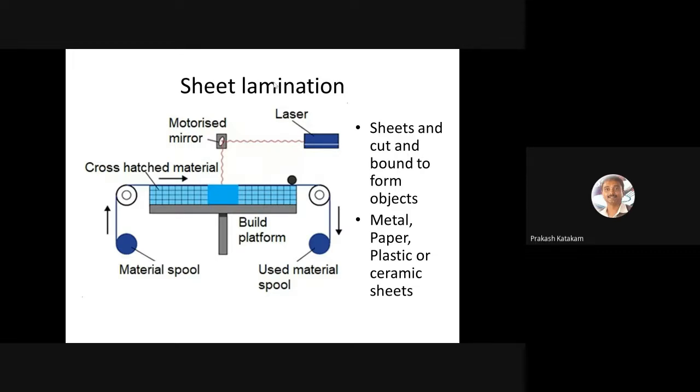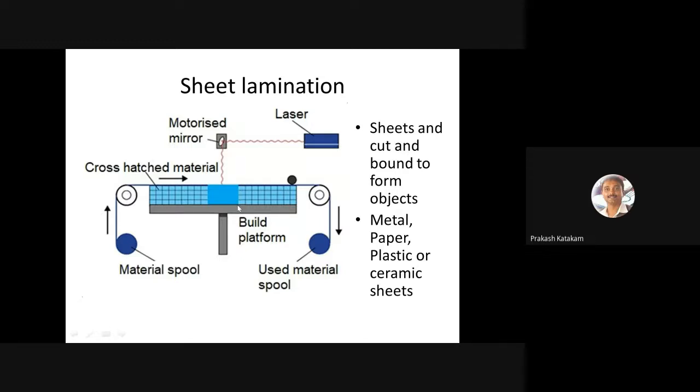That will be passed through this way and come to the working space, which is called the build platform. Using a laser, it will first cut the shape. Then you will remove the cut part, and it will be welded simultaneously with the previous layer. Likewise, this material will be coming slowly, and the build platform will be building layer by layer.